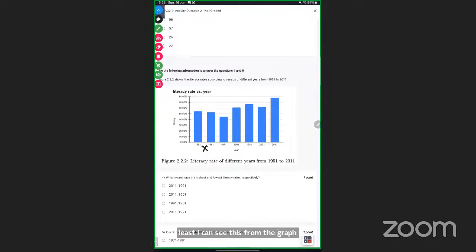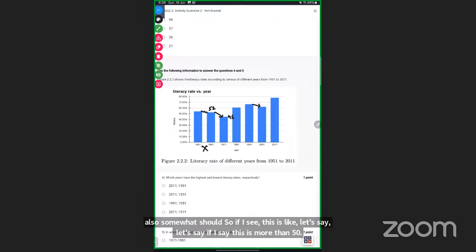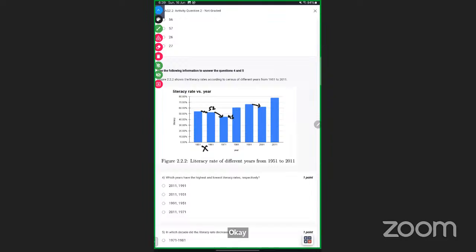This is very small compared to this one. This is very huge, and this is also somewhat huge. If I say this is more than 50, say 52, this could be 45. And if I go here, this is 65, and this is 62.